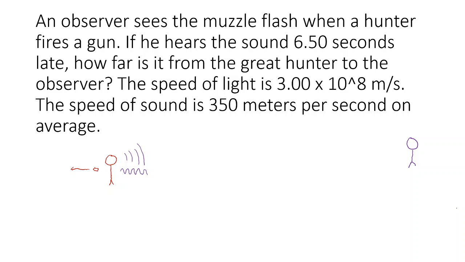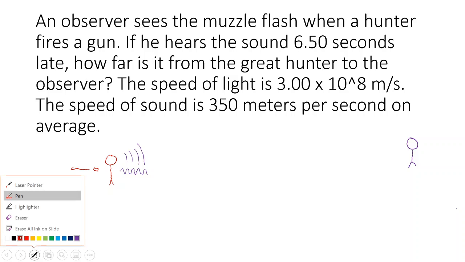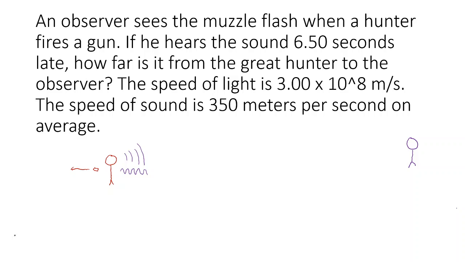But now we want to use a little bit of deduction to incorporate the difference between the two and get a little bit better understanding. So what we say here is that when he sees with his eyes the light flashing, then it takes 6.5 seconds for him to hear the sound. So maybe he's sitting here.